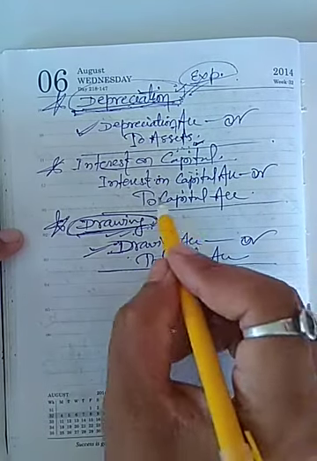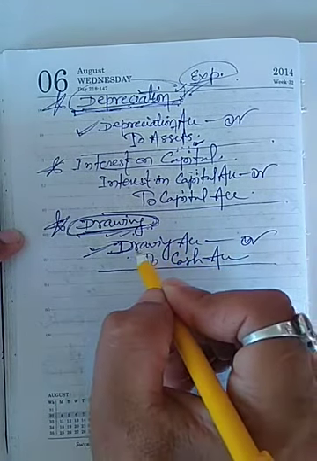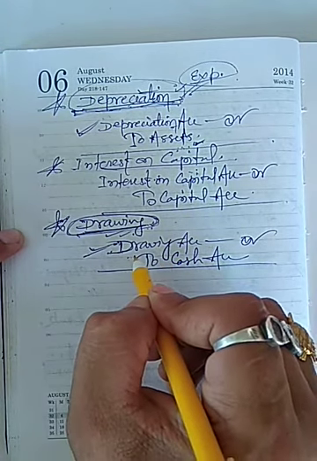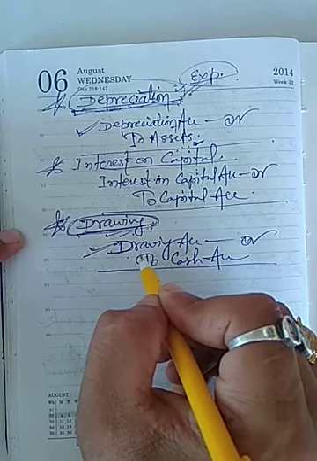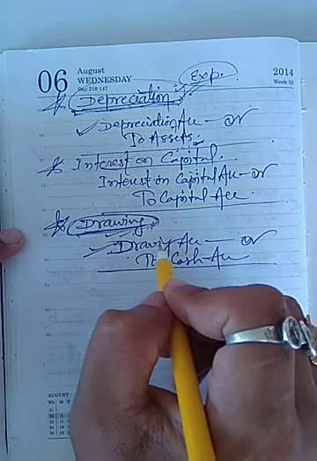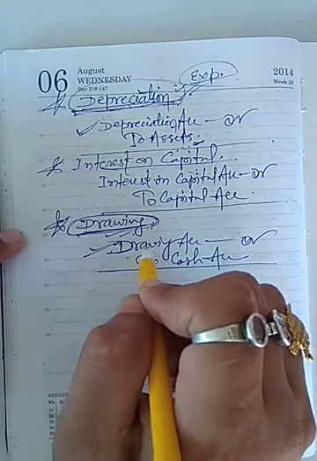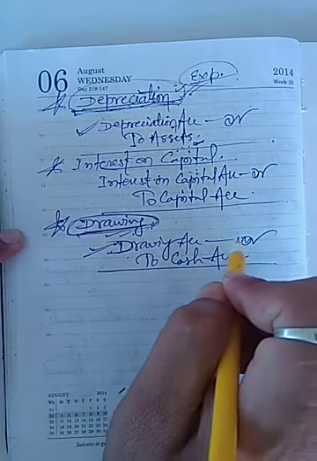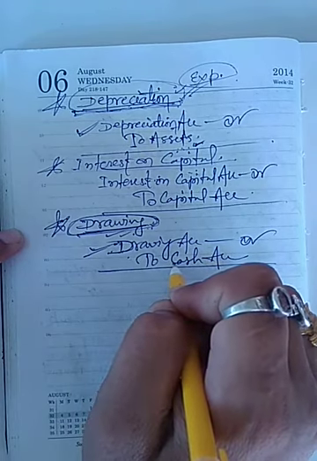When capital is invested in the business by the proprietor, that means the business is started with cash, then the journal entry will be cash account dr to capital account. But drawing is the opposite of invested capital, so drawing account dr to cash account.